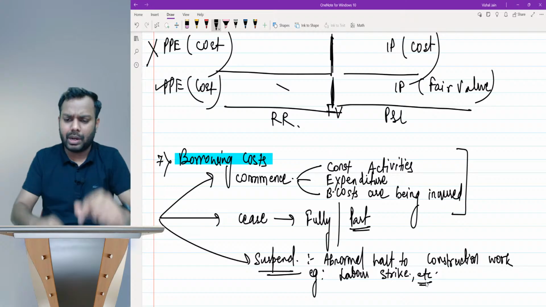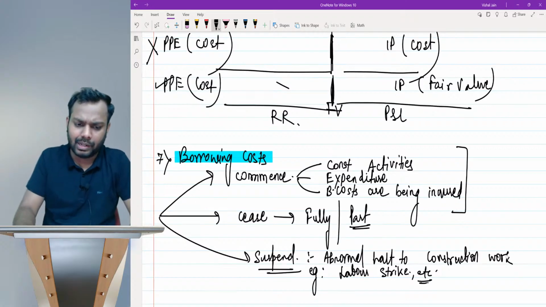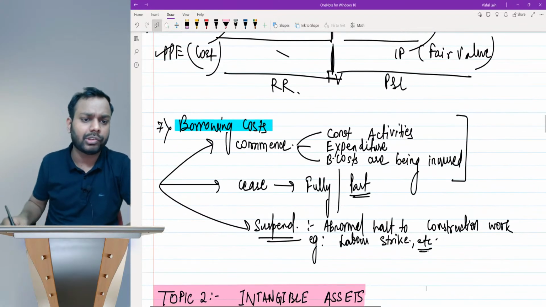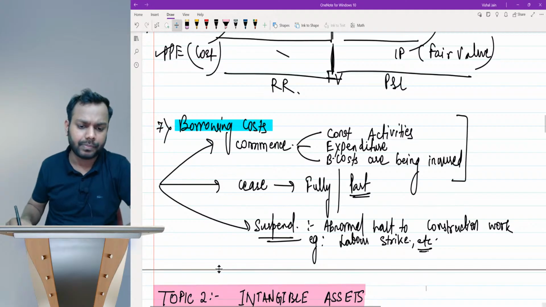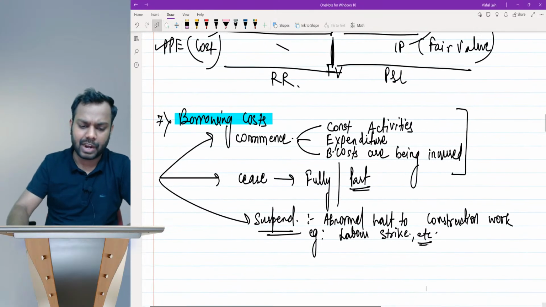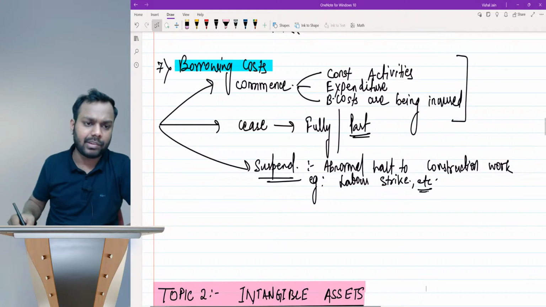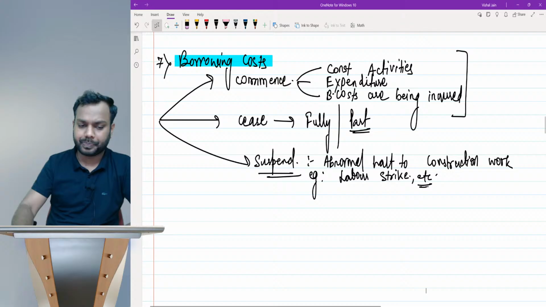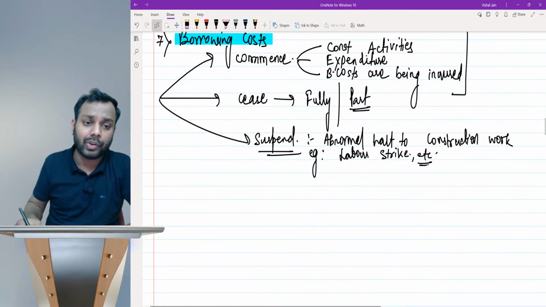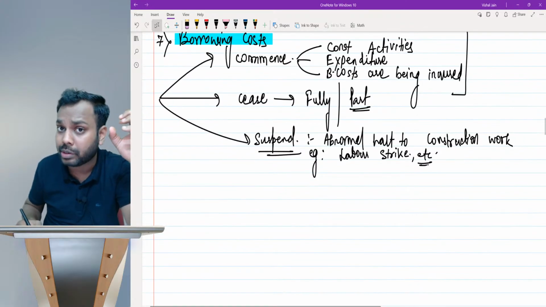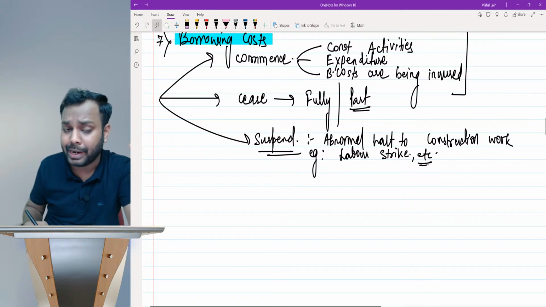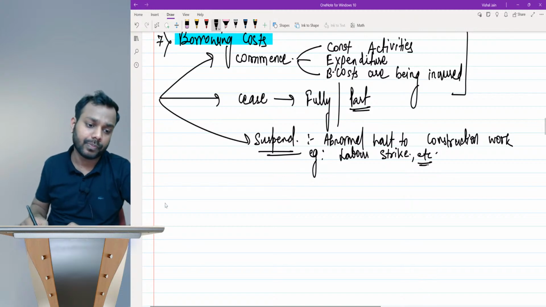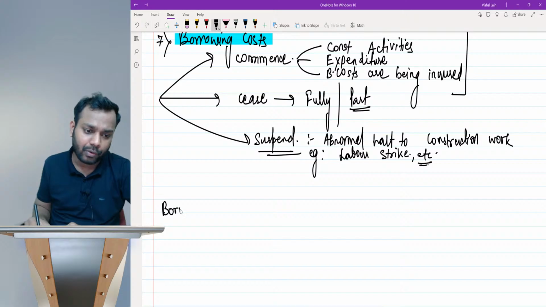Okay. Now, just one more thing in borrowing cost, and we'll be done with the non-current tangible assets. When we are talking about borrowing cost, we have to talk about the borrowing also.